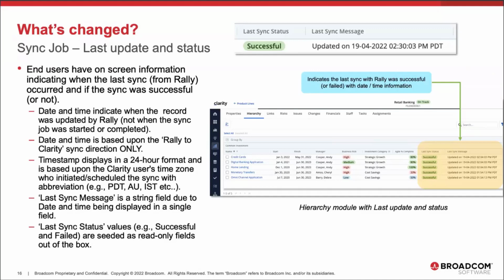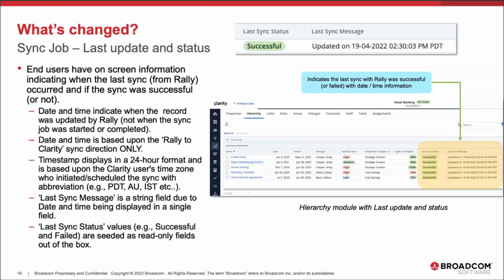So these are for end users, to give them some comfort of when the last sync came from Rally. This is not going to be updated for things that move from Clarity to Rally. This is limited to and specifically designed to inform the user when the last update came from Rally.